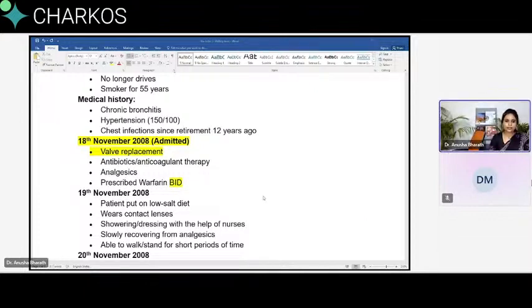So we understand that the patient has undergone a valve replacement. And how is the patient doing now?